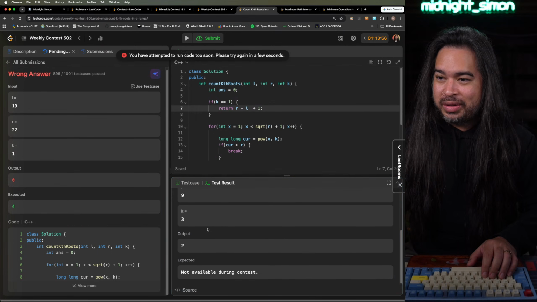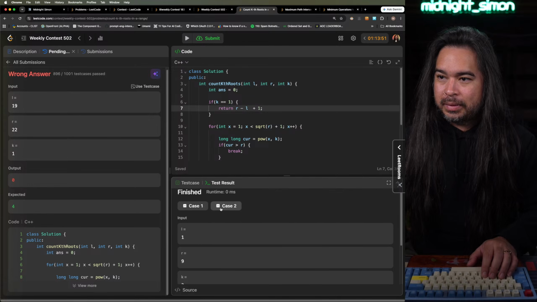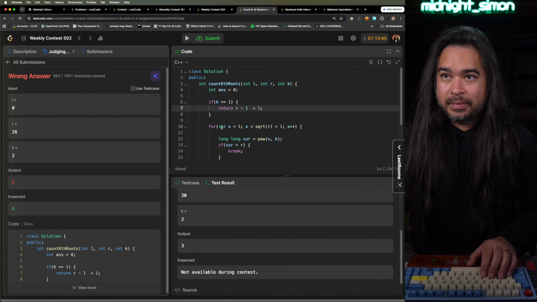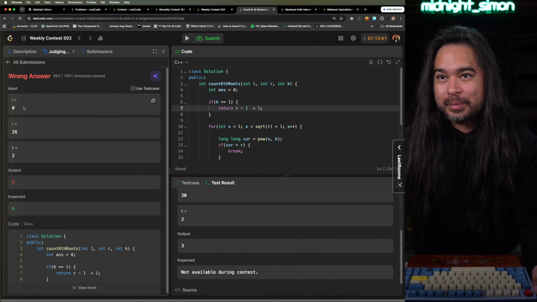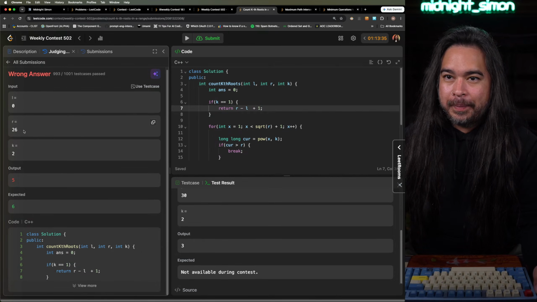today's real LeetCode struggle day, man. How many wrong answers am I gonna give them? 0 to 26 and k is equal to 2.